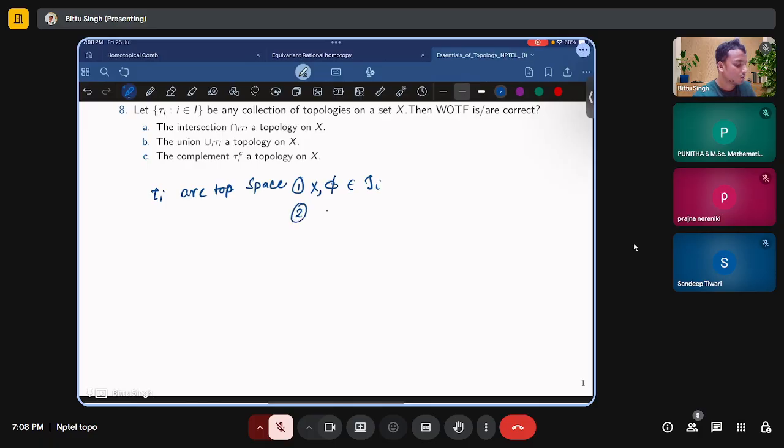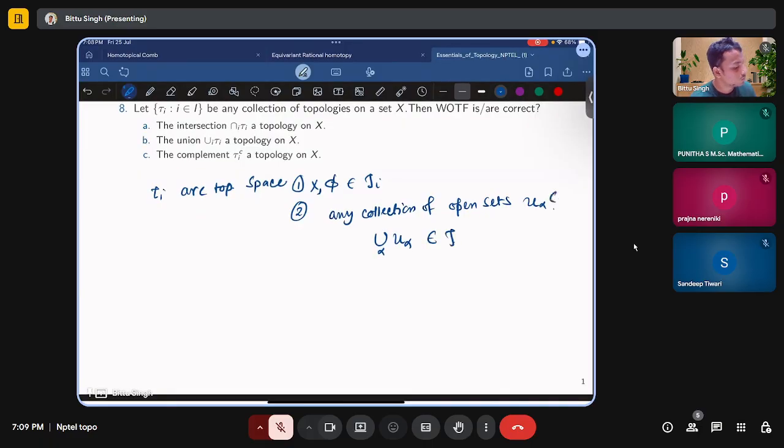The second property is that for any collection of open sets U alpha, the union of U alpha over this alpha index also belongs to tau.